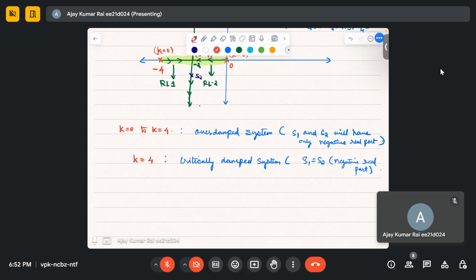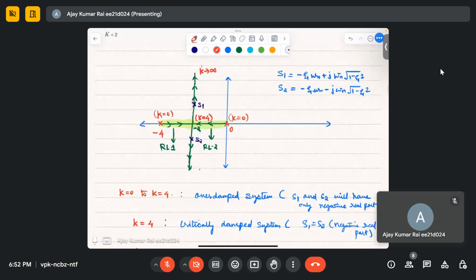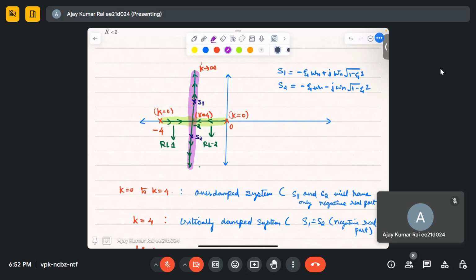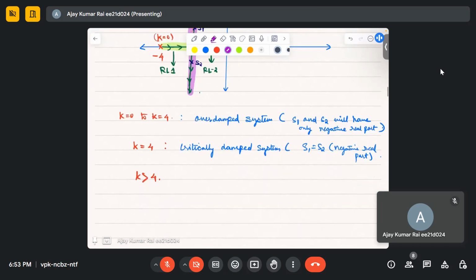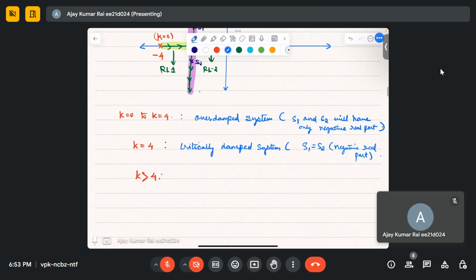And for k greater than 4, I'm drawing for k greater than 4. This is k greater than 4. So you can see roots are lying in the complex plane. The roots also have the imaginary part. So what I will say is this is the underdamped case.